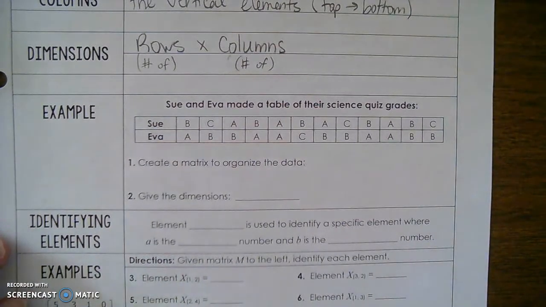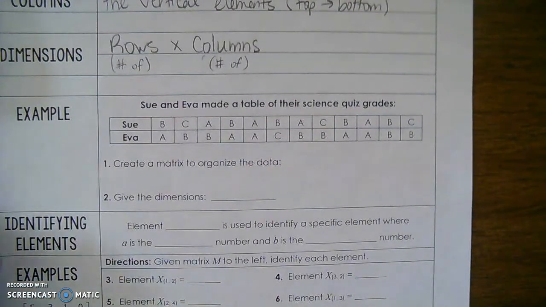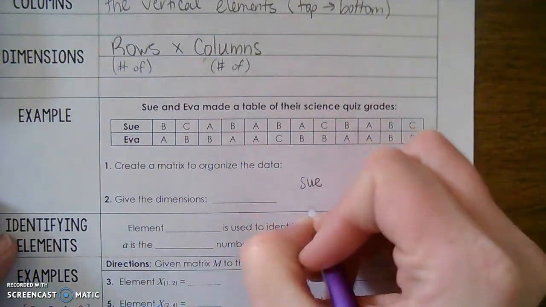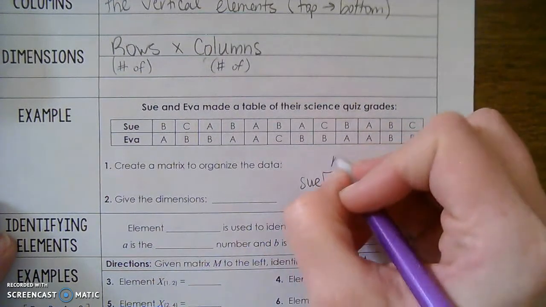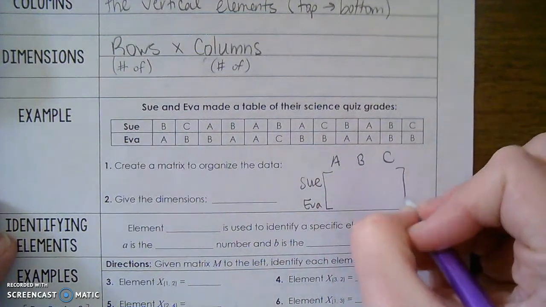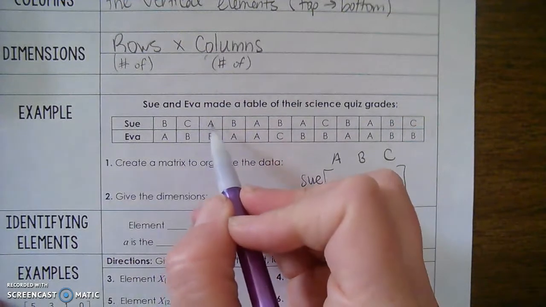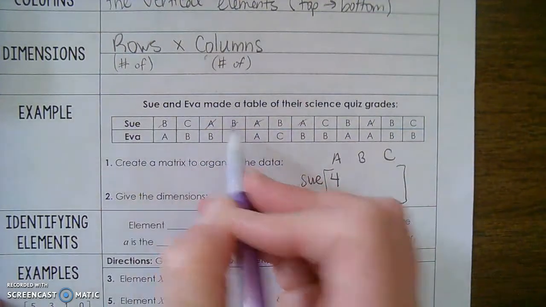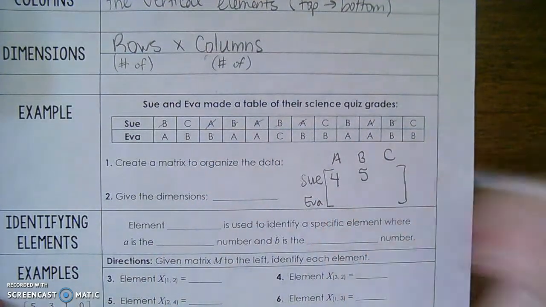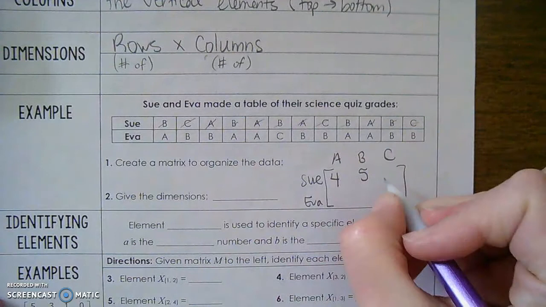So first we're just going to organize data into a matrix so you can see why it's helpful to be able to make matrices. So I'm going to put Sue and Eva, and then A, B, and C going across. So Sue has 1, 2, 3, 4 A's, 1, 2, 3, 4, 5 B's, and 1, 2, 3 C's.